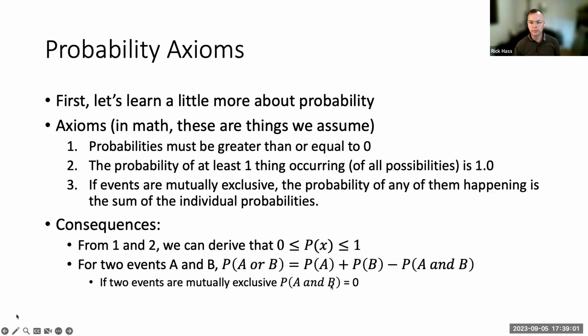Now, if two events are mutually exclusive, it turns out that by definition, this thing, which we'll call in a minute their joint probability, they happen at the same time, for mutually exclusive events, this probability is always 0. And this statement reduces to P(A or B) equals P(A) plus P(B), which is simply a mathematical form of statement 3.